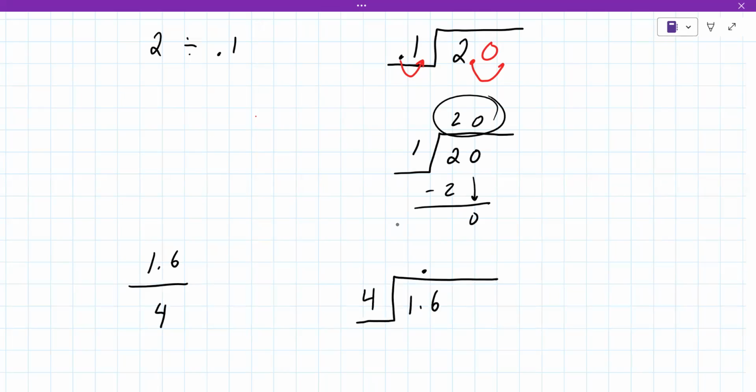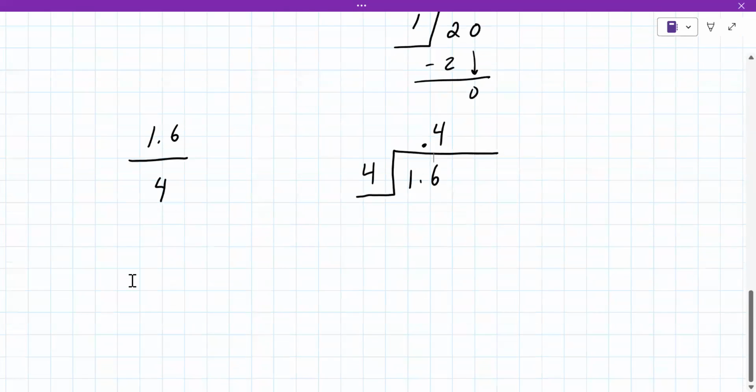It can go into 16. So you move the decimal over 1. You don't move the decimal over inside. You keep it. So 0.4, right? Yeah. Good.